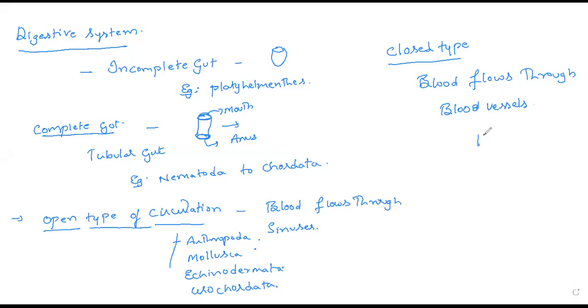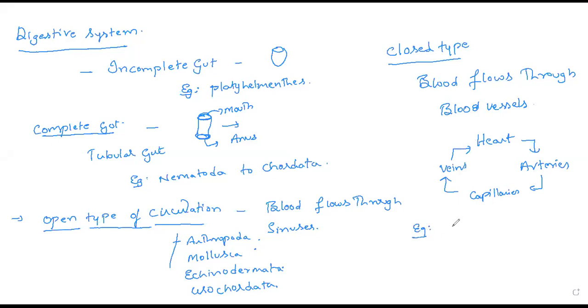So let us see that one also, flow chart. Heart to arteries, from arteries to capillaries, from capillaries to veins, and from veins to heart. So this is about the closed type of blood vascular system.